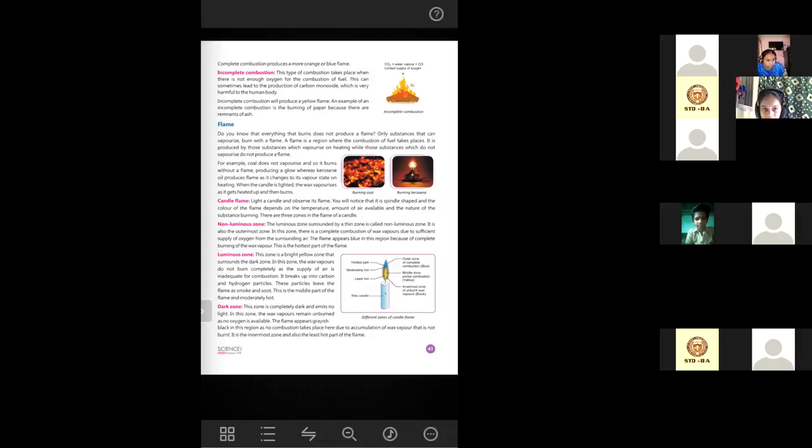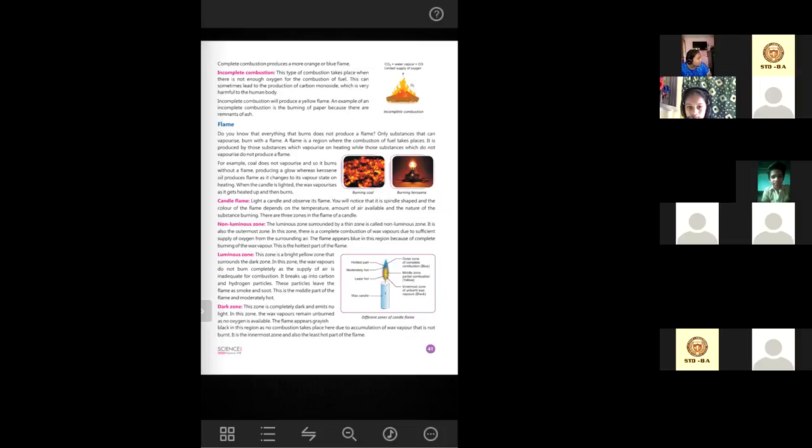This is the outermost zone of a candle flame, the non-luminous zone, and it is the hottest because it is in direct contact with the atmospheric oxygen, so we can see complete burning of the wax vapor there.